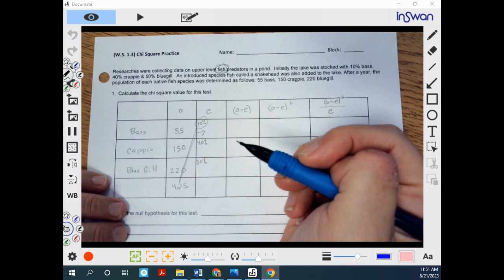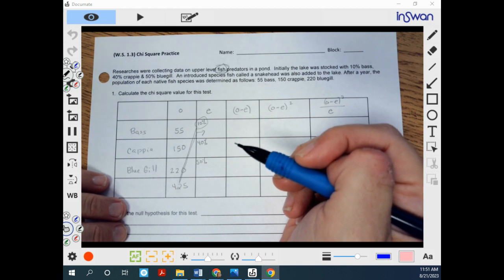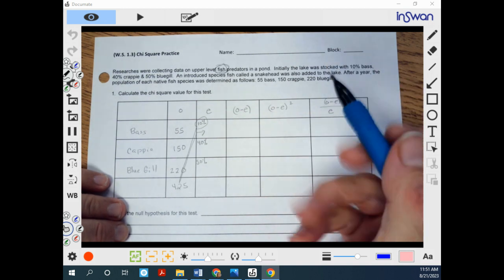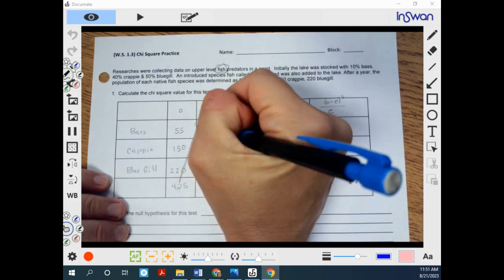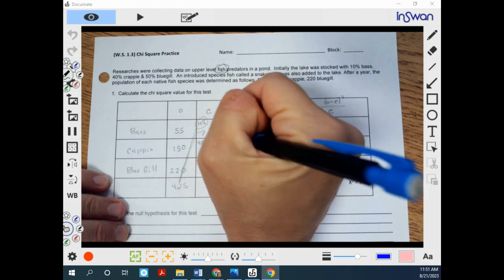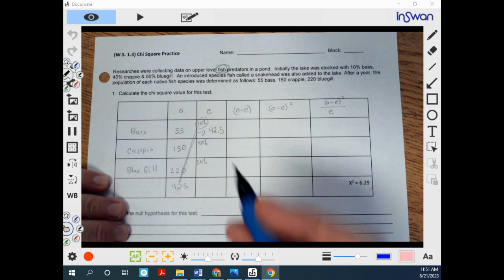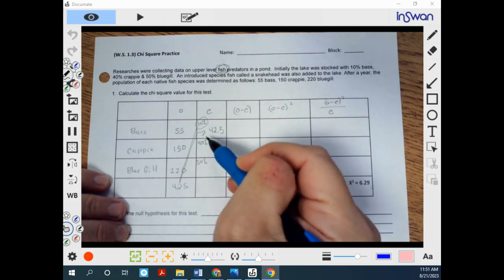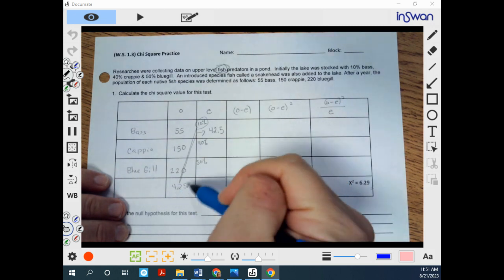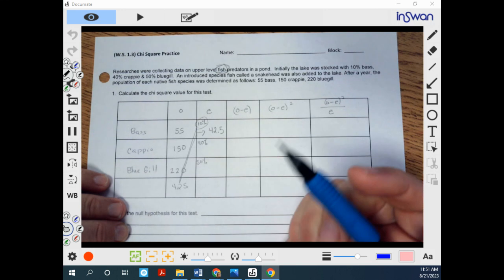You can either do 0.10 times 425, or put 10% in your calculator and then multiply by 425. Either way, you should end up getting 42.5 bass expected if 10% of this whole population were bass.